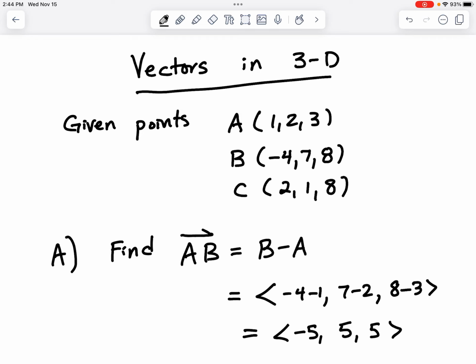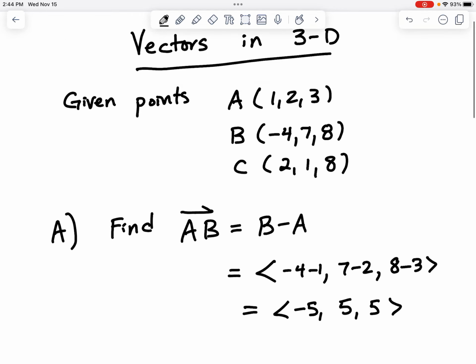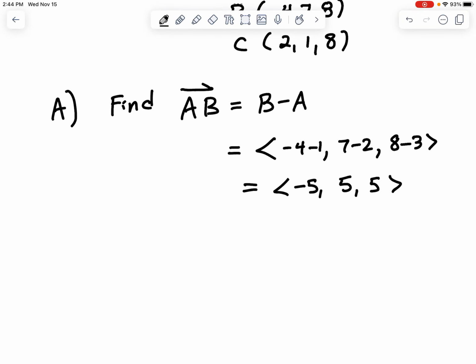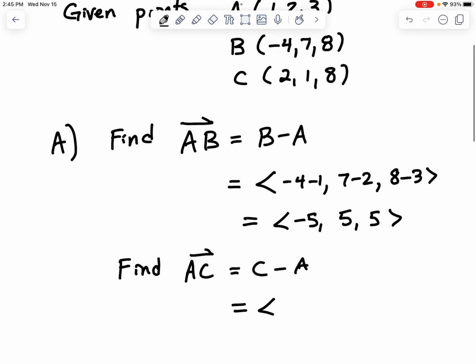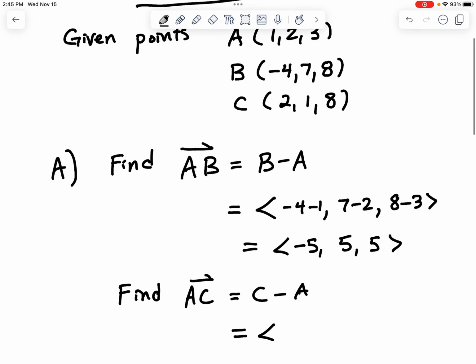And eventually I want to find the measure of angle A, so I'll also need to go from A to C. So still a part of this one, also find the vector from A to C. So that's going to be the C minus the A. So C minus A will be 2 minus 1.